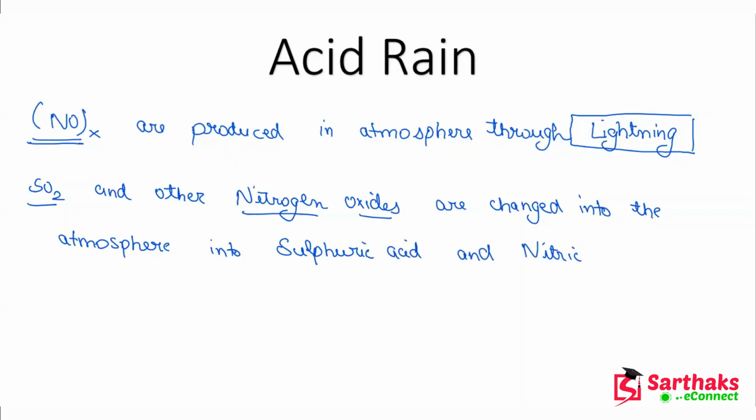So this is how acids are formed in the atmosphere. These oxides are changed into sulfuric and nitric acid, and with this, they combine with oxygen and water.